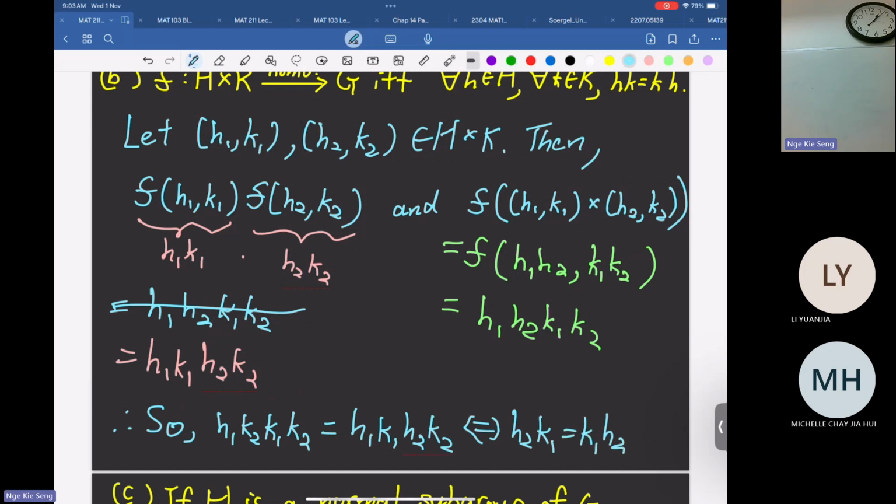And this is true for all H2 K1, meaning all the elements inside H2. And this is an if and only if. So if you want this side to be true, then you need to make sure the middle term is true. If the middle term can swap, then I will get the equality on the homomorphism. So this is the if and only if, straight away. So if you get the good definition, you have a good start already. Make sure you get the right definition.